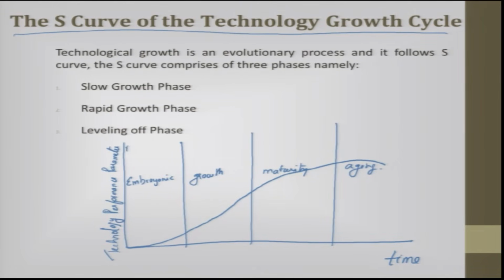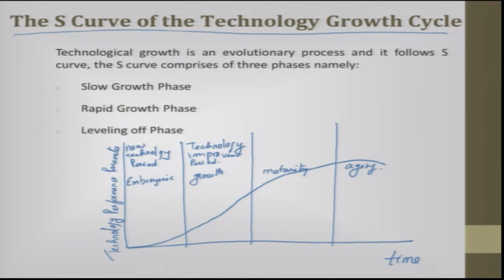Here is the new technology period, here it is the technology improvement period, and here it is maturity, and here it is the aging.